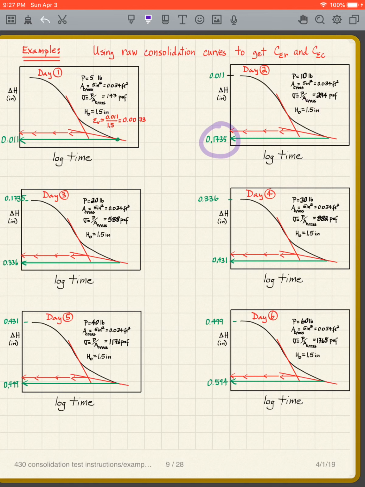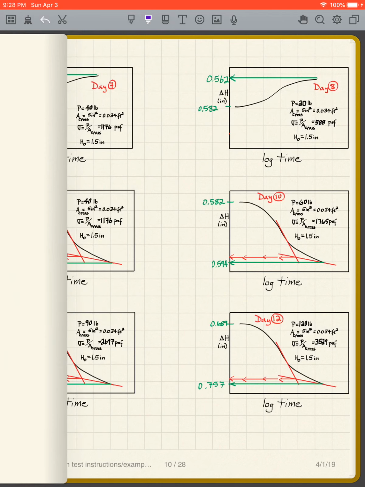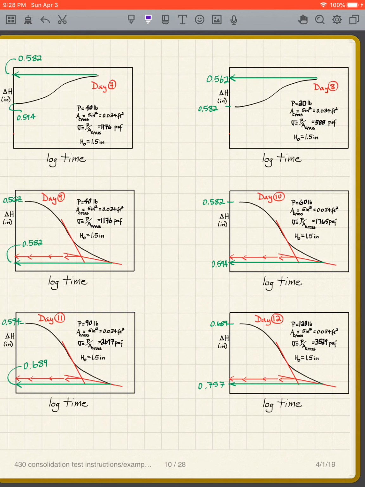And then the sigma here is the P over A. In this particular case, P is 10 pounds, so that gives me 294. Just randomly, P is 20 pounds, so my P over A gives me 588. And then we use this for our delta H, that for my H. You can do it yourself, but we get all of these values, we just get those two values.